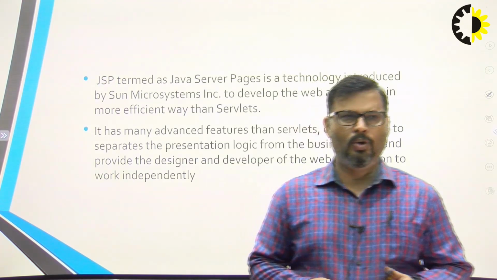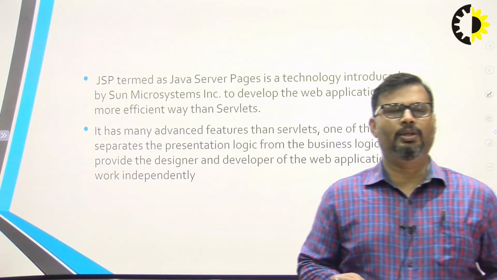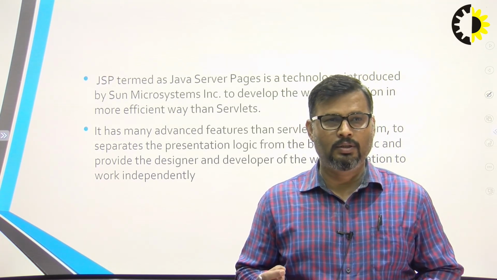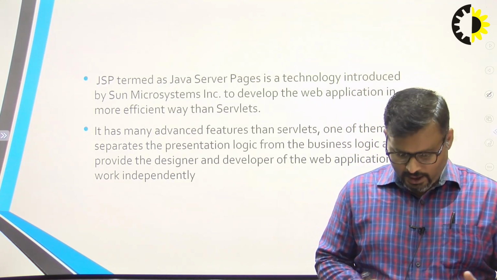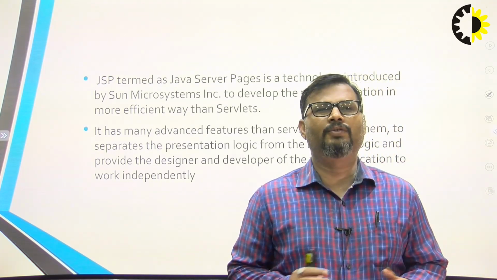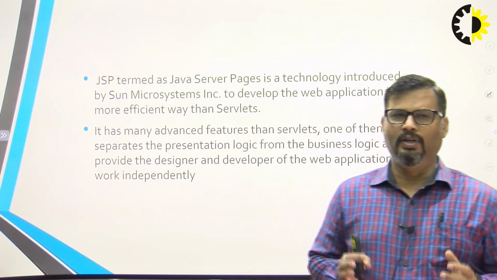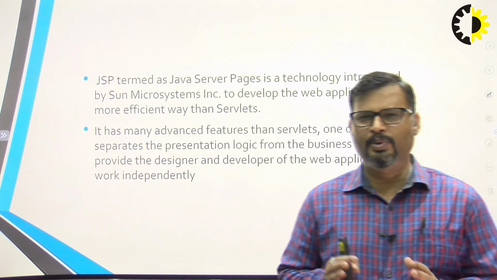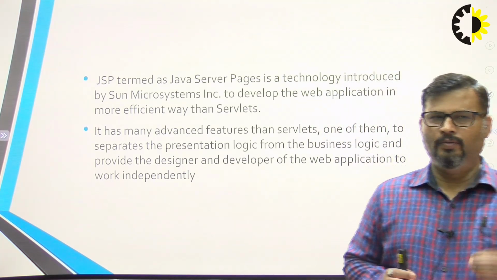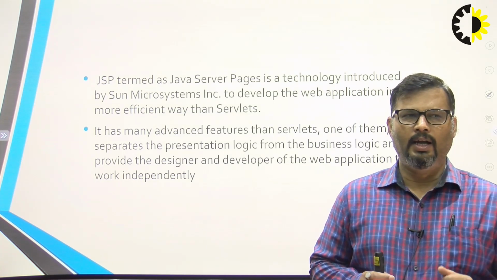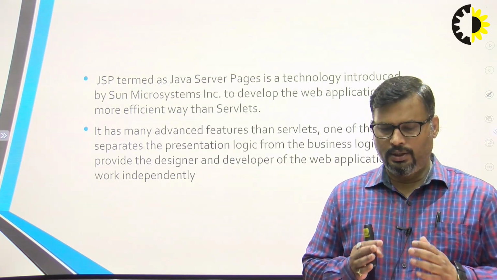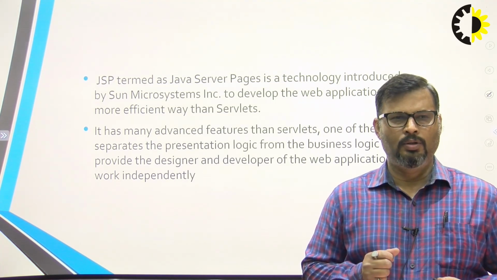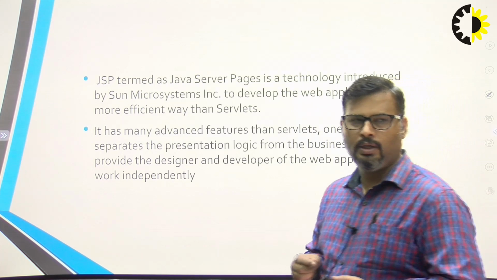Okay. So, it is a more efficient way of building web applications than the servlet, and it has many more advanced features than the servlet. One of them is to separate the presentation logic from the business logic and let the designer and developer of the web application work independently.